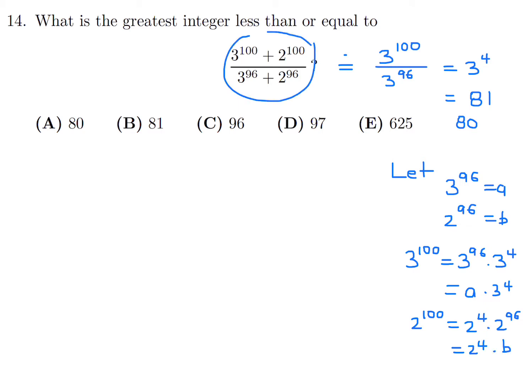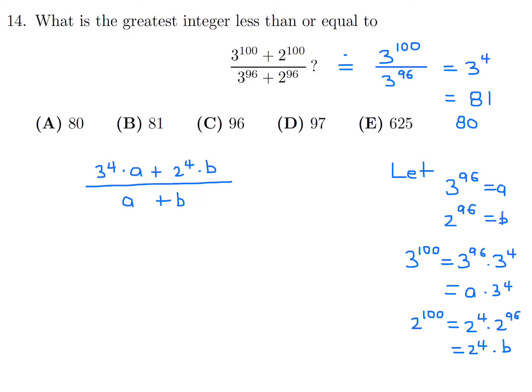So this expression right here is really 3 to the power of 4 times A plus 2 to the power of 4 times B, all over A plus B. So 3 to the power of 4 is 81, so we have 81A, and this is 16B over A plus B. All right, so now I'm going to break this up.